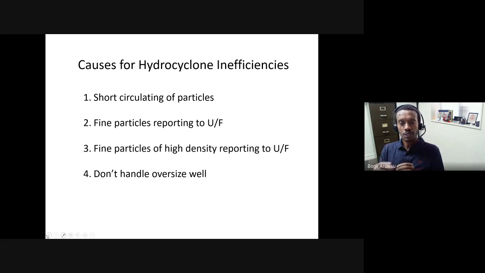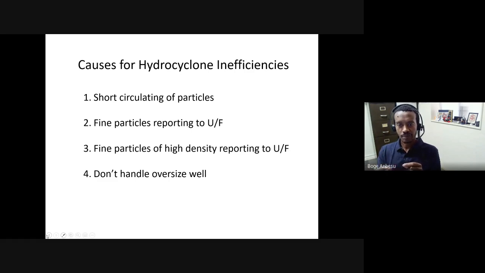The only way to control that is by the forces inside the cyclones, which govern the operation and what should go to what. For example, if you have dense particles that are really small, just because they're very small doesn't necessarily mean they go to the overflow or the fine fraction.